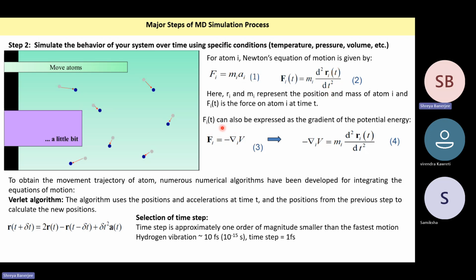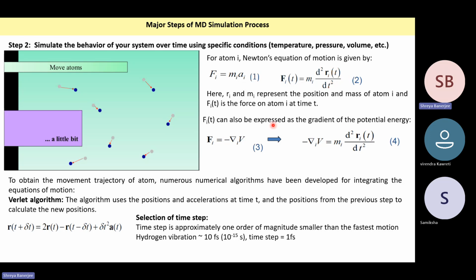This force can also be represented as the negative gradient of potential energy. So minus del V, the negative gradient of potential energy, is force. And we can also write force as m d square r by dt square, where r is the position.